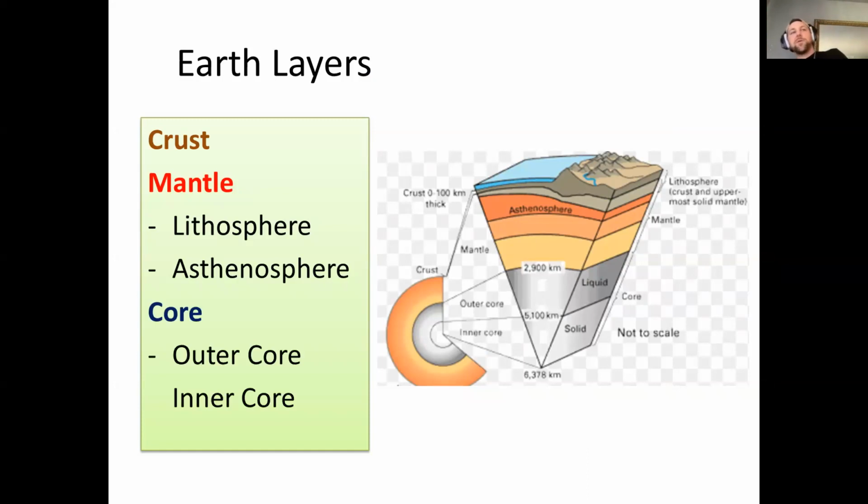The core is important as well, but we're not going to focus on the core too much other than the fact that the outer core is a churning liquid layer as well. What I want to focus more on is this asthenosphere layer, which is going to have a lot of our convection currents that's going to ultimately affect our plate tectonic movements. I imagine you got a little bit of this in middle school science, so if it sounds familiar, that's good.